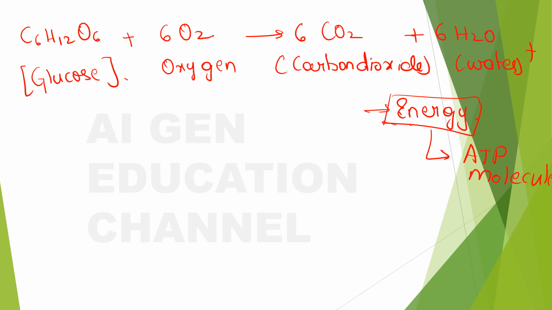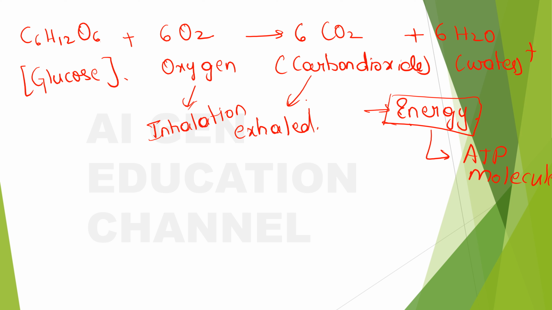So the glucose is reacting with oxygen and we are getting carbon dioxide, and this carbon dioxide is exhaled, right? And how are we getting this oxygen? Through inhalation. From the process of breathing, we inhale oxygen, and with the process of breathing itself, we exhale the carbon dioxide, and we get the water and the energy for the cell to function properly, right?